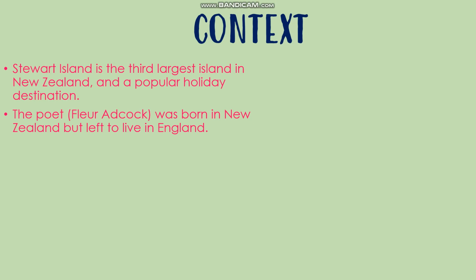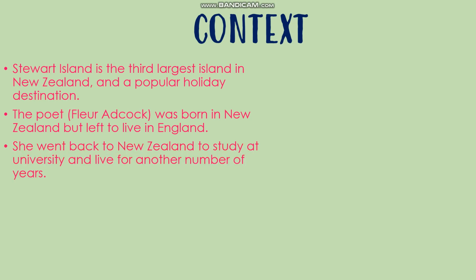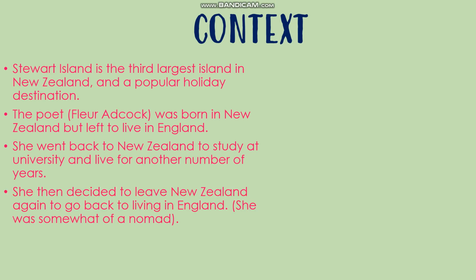But she did then move back to New Zealand to experience her childhood place of living once again, to study at university. However, she then decided to leave New Zealand once again to go back to live in England. So she would be what we would call somewhat nomadic, someone who moved quite a lot.